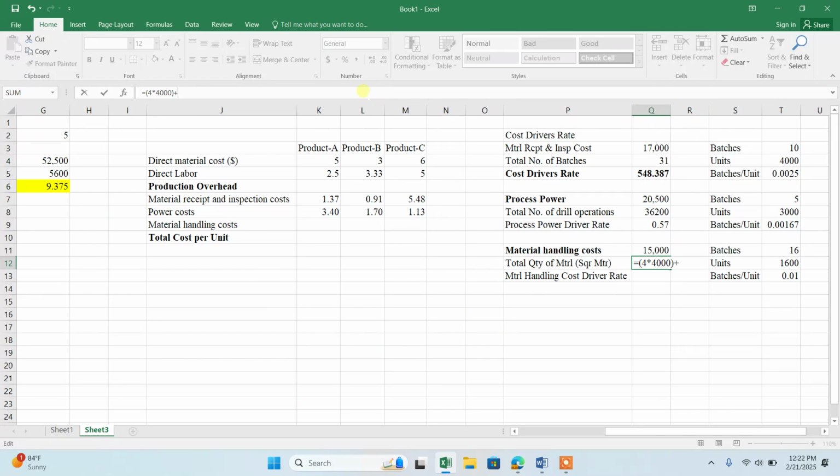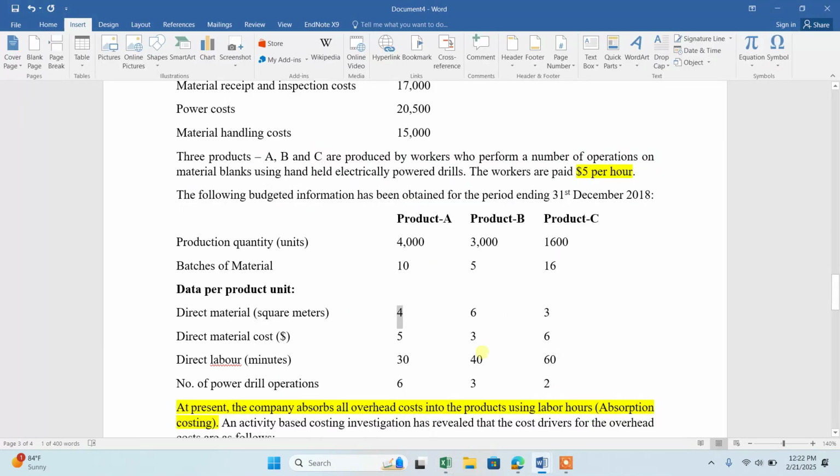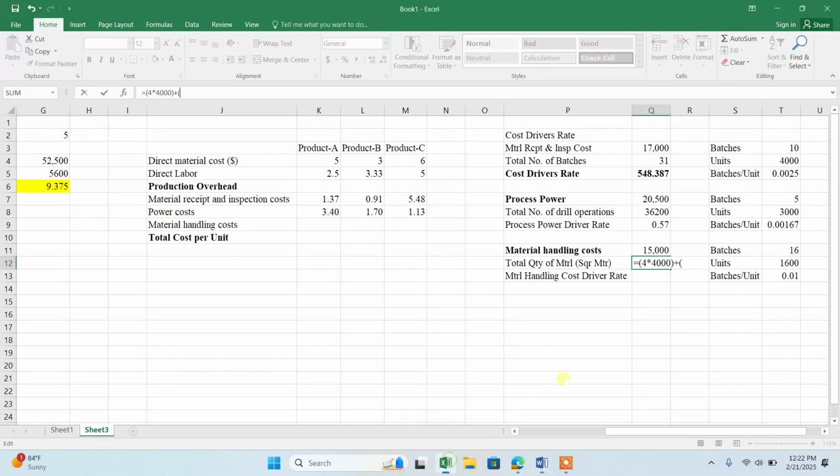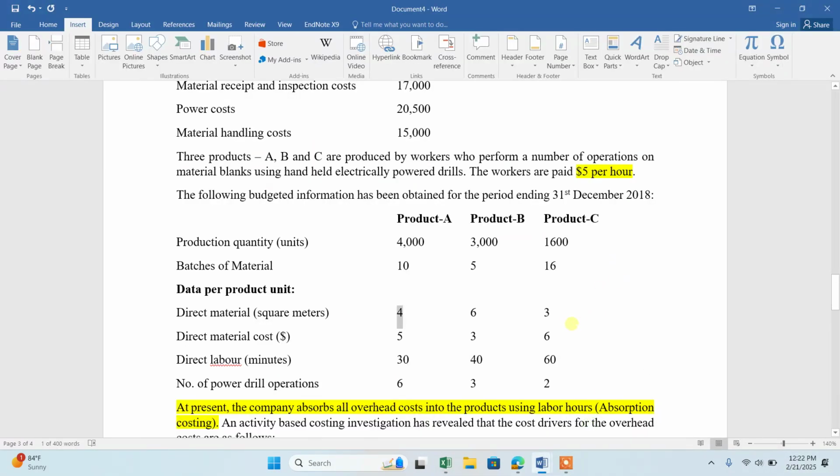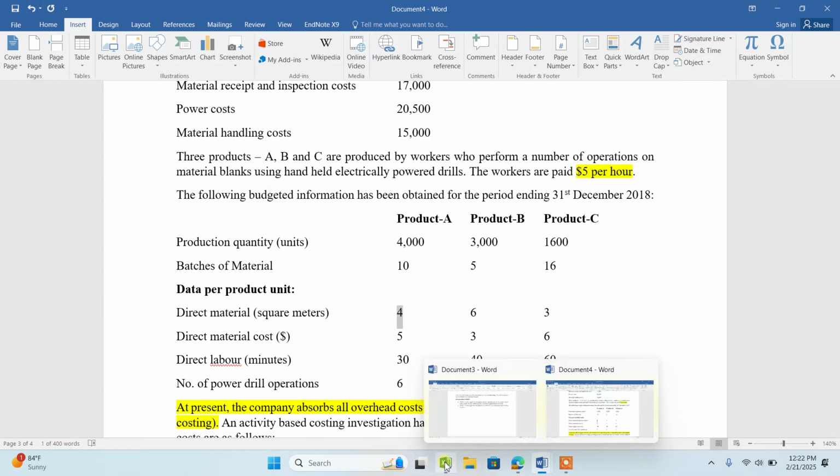Then plus, how much for one is required? 6 for 3,000 units. Then plus, to produce C, one direct material square meter for 1,600.